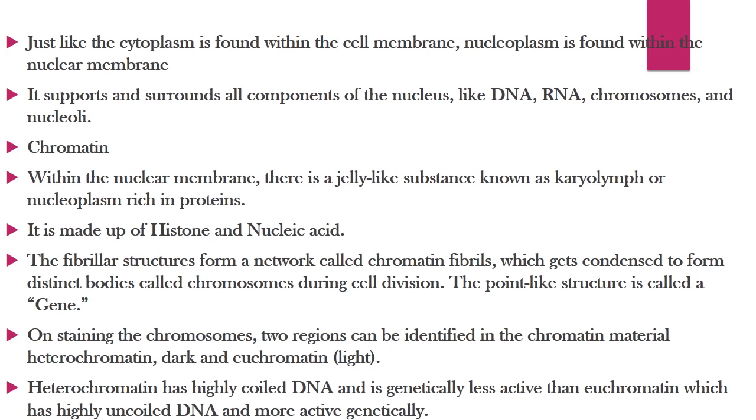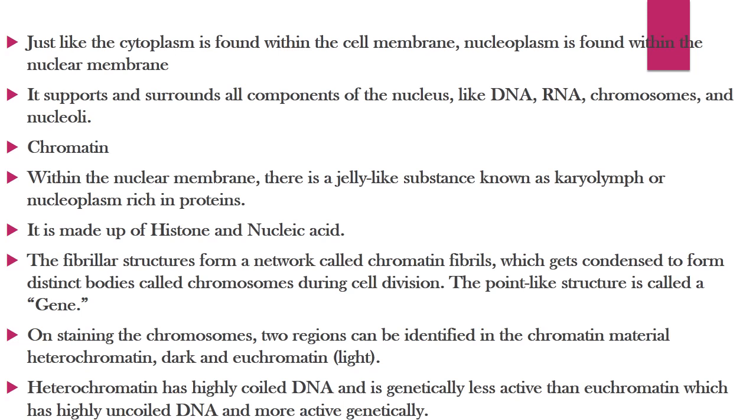Chromatin is made up of histone and nucleic acid. The fibrillar structure forms a network called chromatin fibrils, which gets condensed to form distinct bodies called chromosomes during cell division. The point-like structure is called a gene. On staining the chromosomes, two regions can be identified in the chromatin material: heterochromatin, dark, and euchromatin, light.